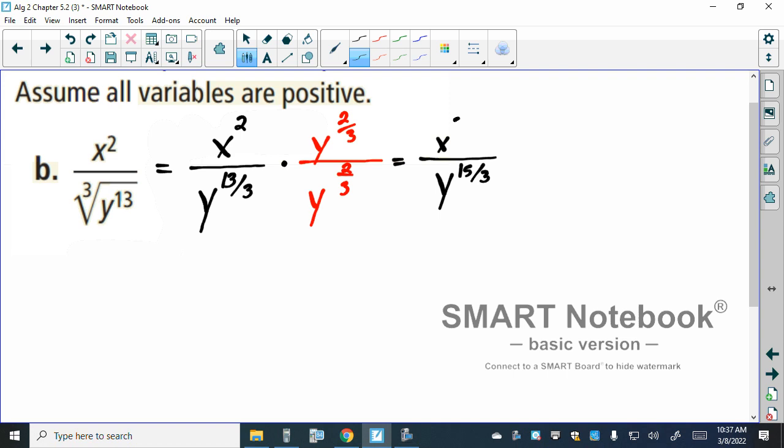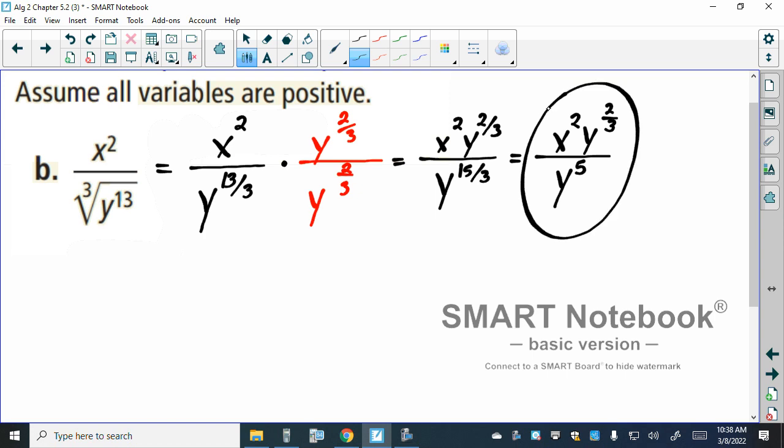In the numerator we have x squared times y to the 2 thirds, which would give us x squared y to the 2 thirds over y to the 5th. And that would be it. For this one here, any more than y to the 2 thirds, it's just adding extra ones in.